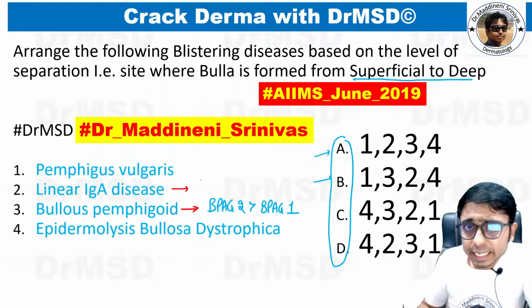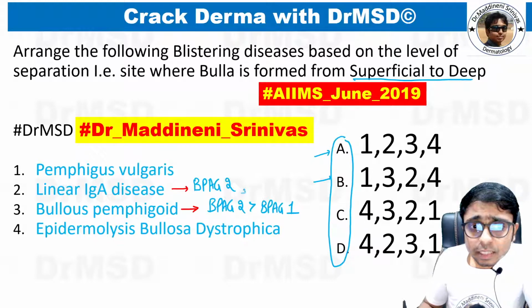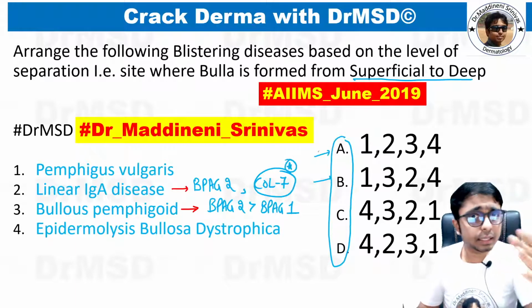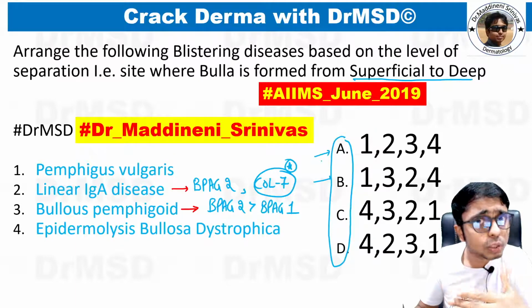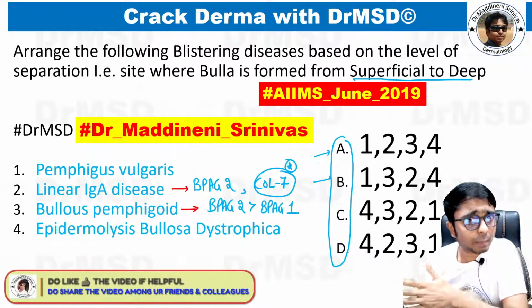In linear IgA disease, BPAG2 no doubt has auto antibodies, but apart from this, it was observed that collagen 7, present in the sublamina densa, also has auto antibodies. I will show you in the upcoming slides.